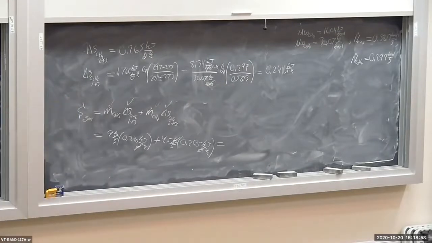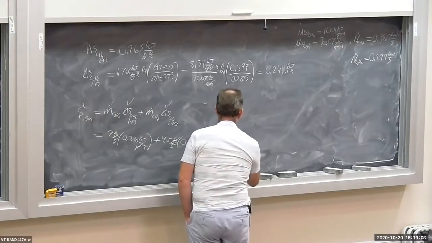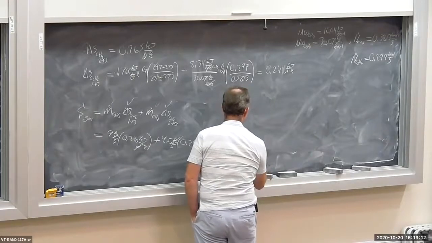What's my S dot gen here? S dot gen is 3.353 kilowatts per degree Kelvin.